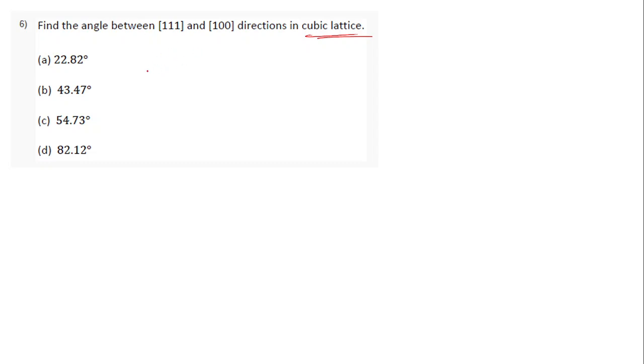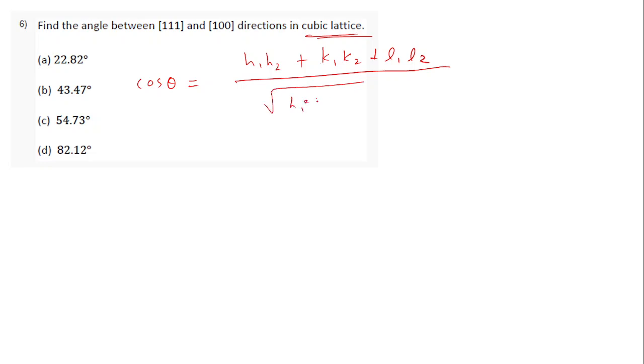Similarly, for the angle between two directions, the formula goes like this: cos theta is equal to h1 h2 plus k1 k2 plus l1 l2, divided by the root of h1 square plus k1 square plus l1 square, multiplied by the root of h2 square plus k2 square plus l2 square.